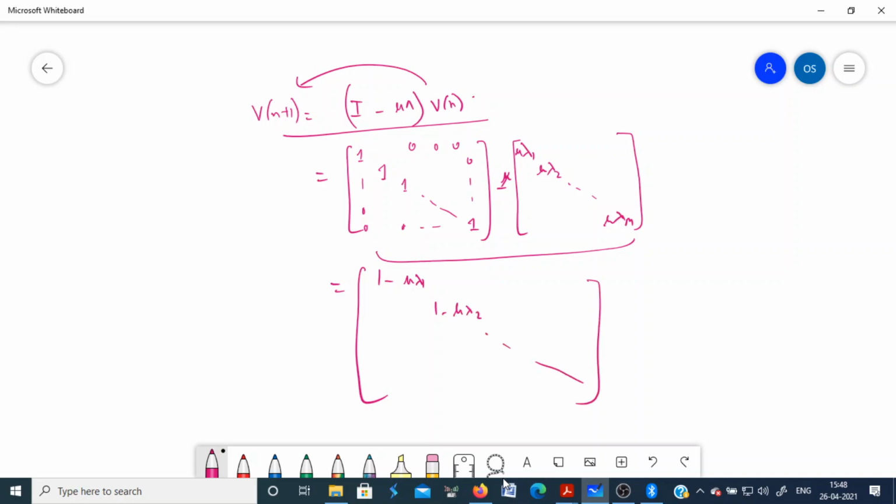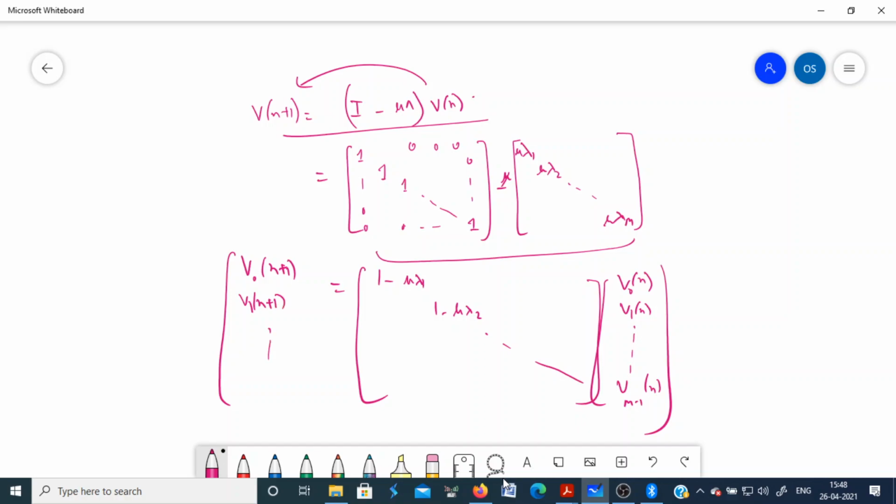These are diagonal elements, multiplied with V(n). So we have V0(n), V1(n), up to V(m-1)(n), and that is equal to the vector of error coefficients at n+1: V0(n+1), V1(n+1) up to V(m-1)(n+1).